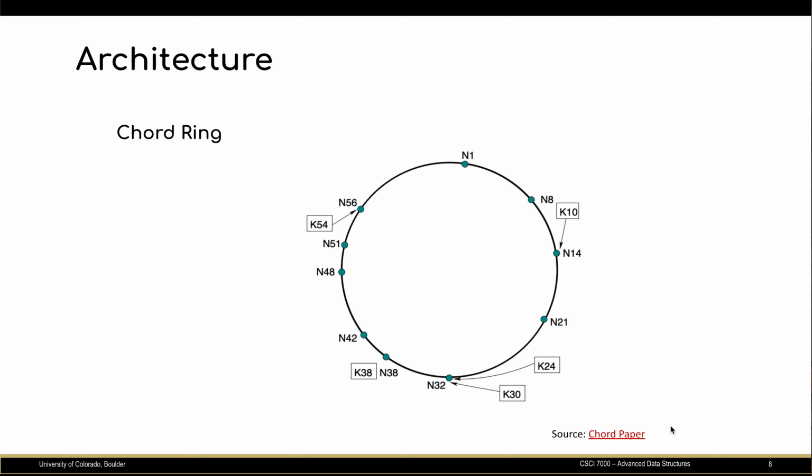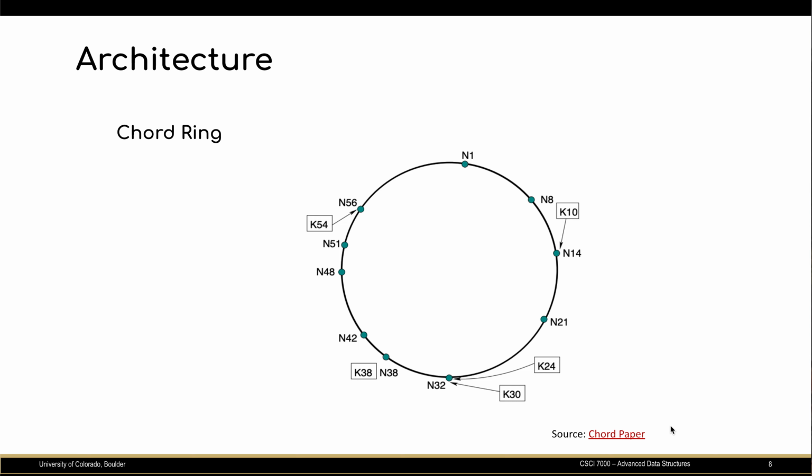The green ones are the nodes. The ones in the box are the keys which we are storing. How the keys are mapped to the nodes, I'll explain shortly. But look at the structure. The key takeaway here is that the node identifier wraps over the largest node, so it follows a circular ring-like structure.